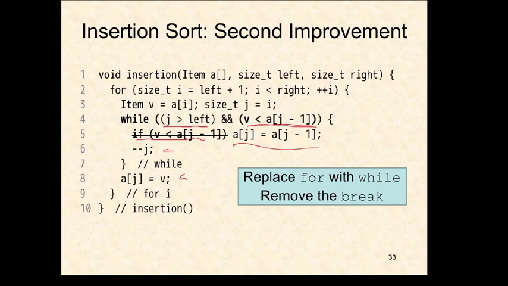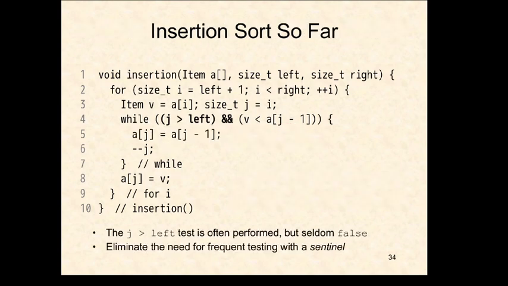So this allowed me to have code that's a lot easier to read. However, there's something we can do about this. That j greater than left test happens n squared times. But it's very seldom false, because as I put things into the sorted region, I usually don't have to go all the way to the left end of the sorted region.